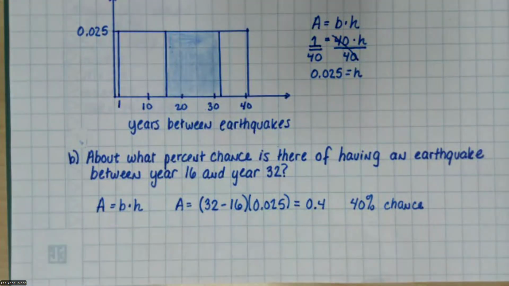So this question is asking, what percent chance is there of having an earthquake in exactly 1 year according to a uniform density function? And these percents are areas. How much area is there in a line?